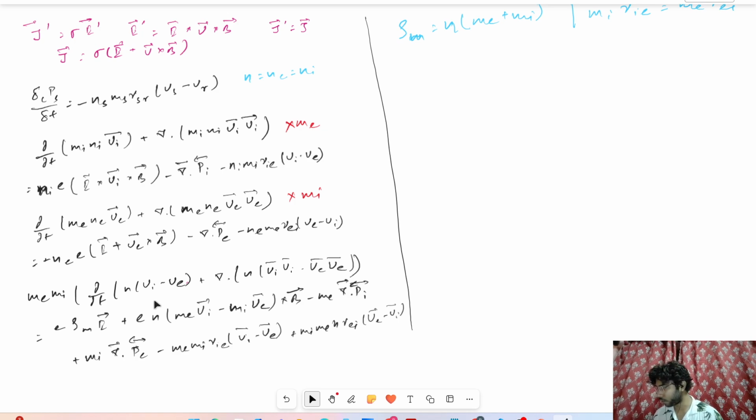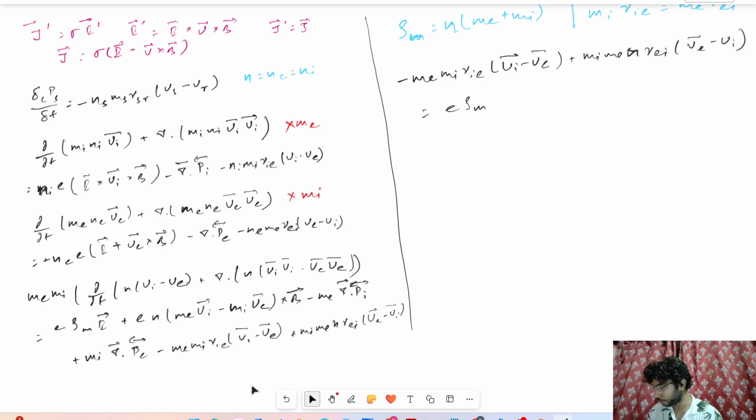Let's look at the collision term. So the collision terms are the last two terms. Okay. So minus Me Mi mu ie times ui minus ue, plus Mi Ne Me mu ei times ue minus ui. This will reduce down to E rho m Me mu ei by n squared minus J. Okay.